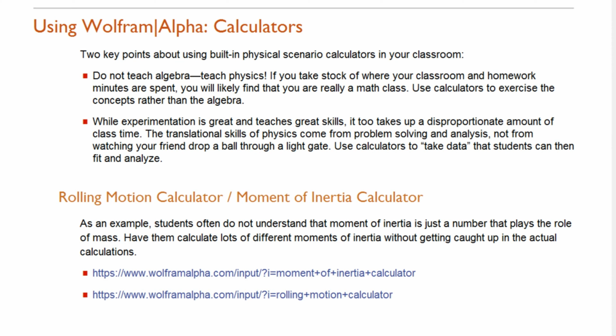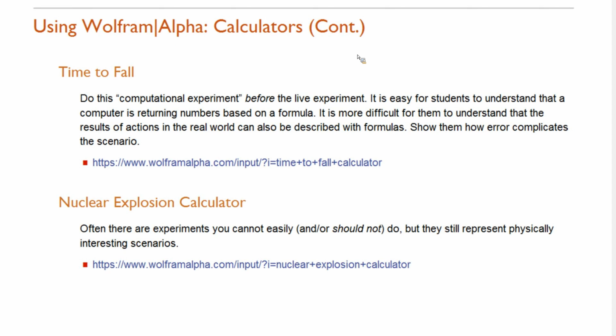And to do that, we need to cut out a lot of the time that we spend doing the physical experimentation part. Because I think, if we're honest, a lot of the classroom time is spent just sort of watching our lab partner do some repetitive motion. And that's not helpful. So we can use calculators to offload a lot of this for us.